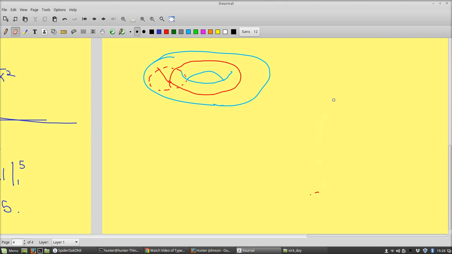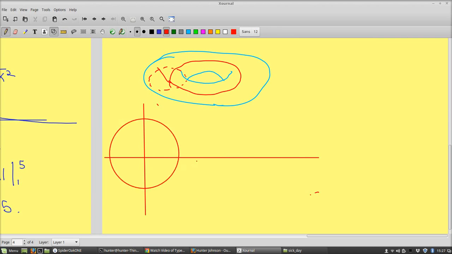Okay, so this is from the book. So we take, let's put some axes down. And the book takes a circle with a certain radius, which is a radius of 2. They could have chosen something else, but they chose 2.